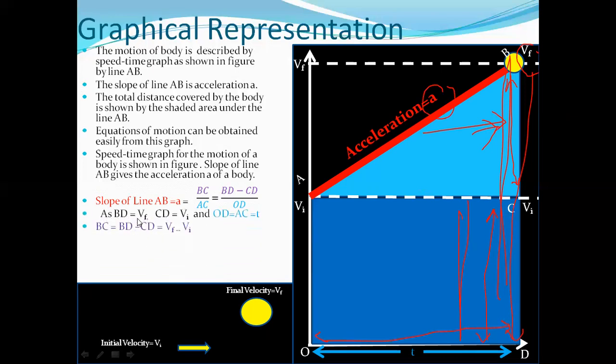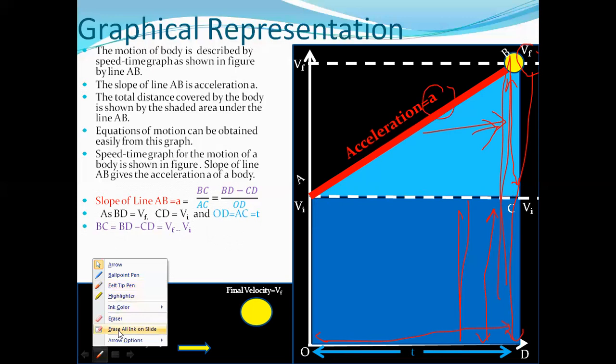As we have told you, BD is equal to VF and CD is equal to VI. OD or AC, because they are both the same opposite side of a rectangle, are the same and they both represent the time t. So BC will be equal to BD minus CD, which is equal to VF minus VI.